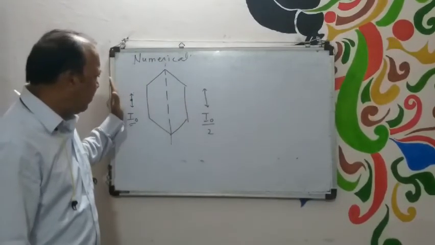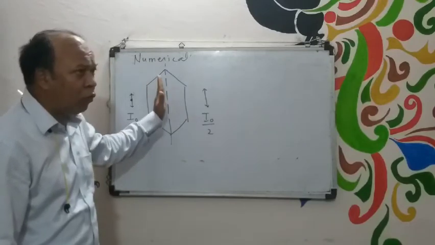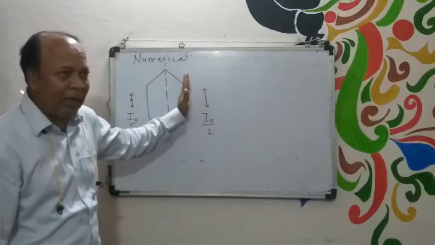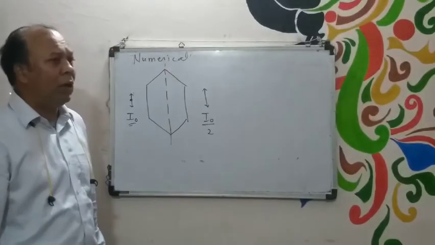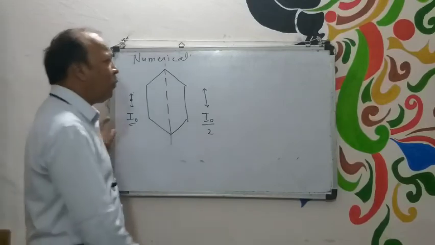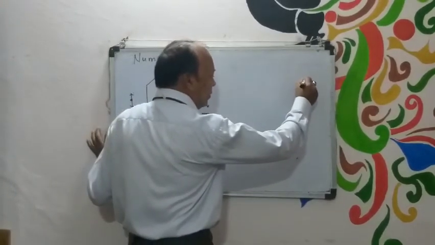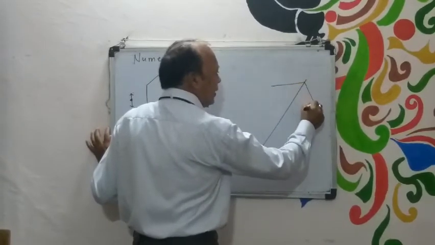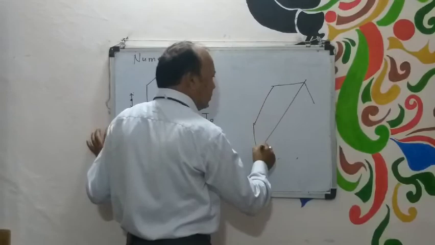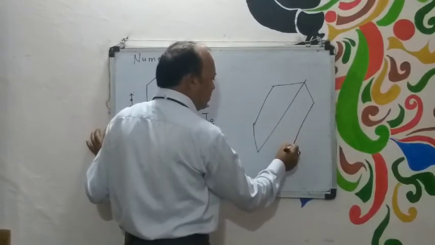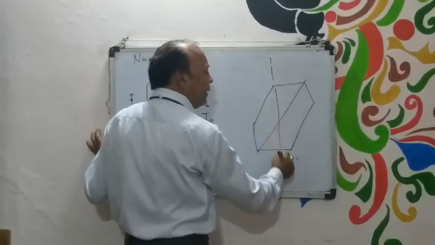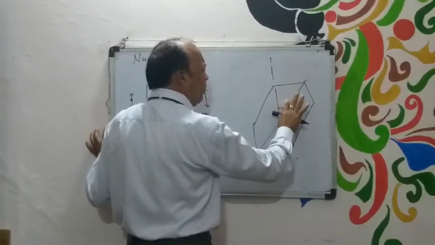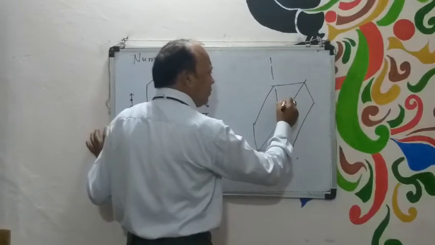So whenever unpolarized light passes through this tourmaline crystal or polarizer, we get polarized light, and its intensity is equal to I0 by 2. Suppose we have taken another polarizer. It may be another tourmaline crystal, and its axis is making 45 degrees, or suppose for example it is making theta angle.